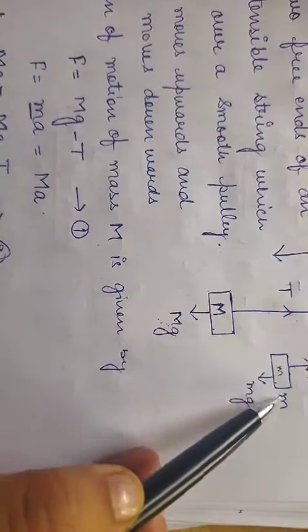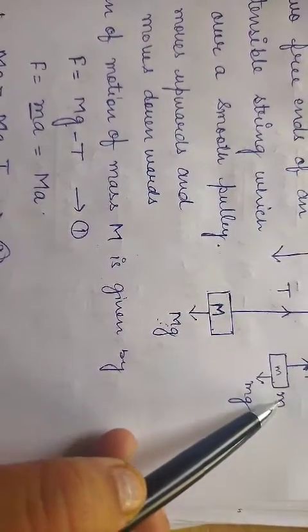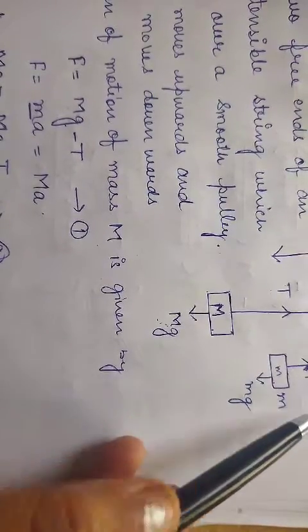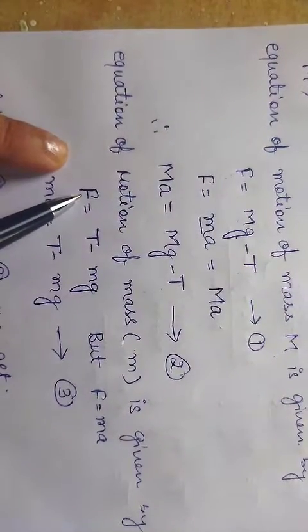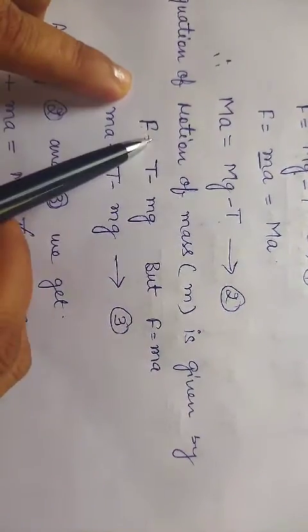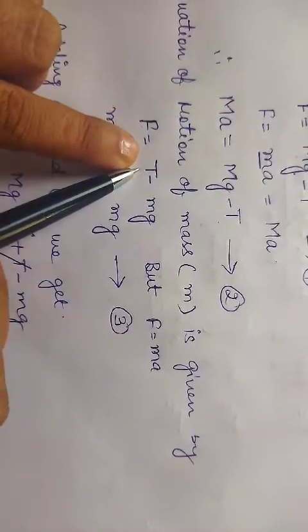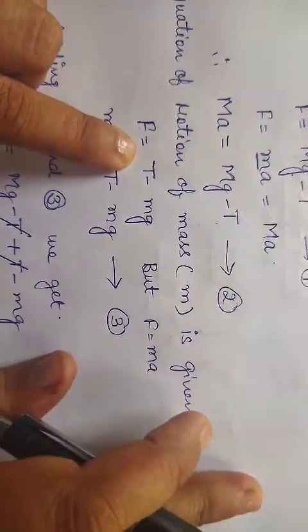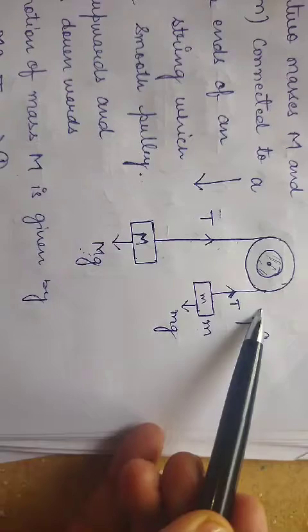take the body having mass small m, and its acceleration is in the upward direction. Now in this case F is equal to T minus mg. The body is moving in the upward direction, you can see in the diagram.